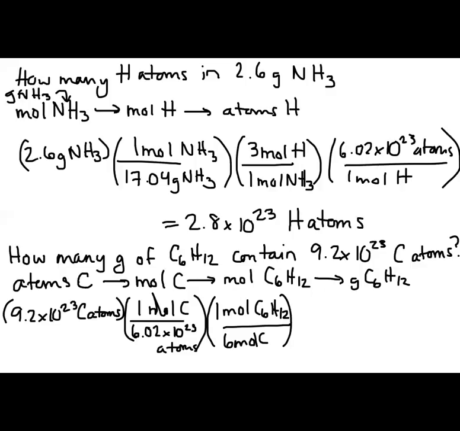Our final step is the molar mass of C6H12, which is 84.16 grams per 1 mole of C6H12. We did that by multiplying the mass of carbon, 12.01, by 6, plus 1.008 times 12. And you got an answer of 21 grams.